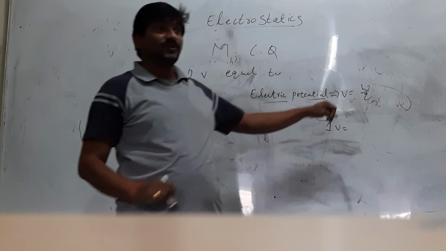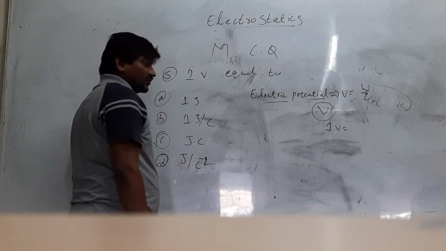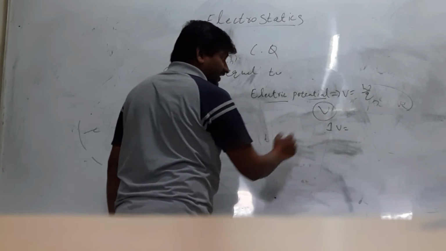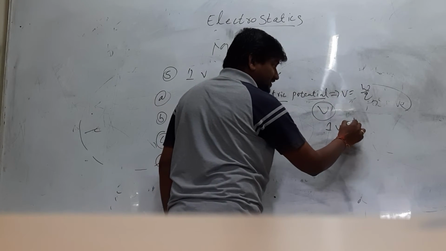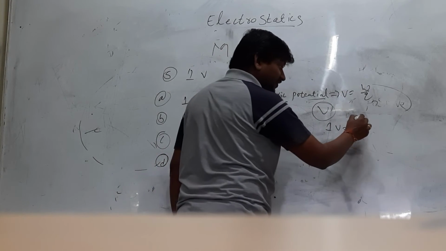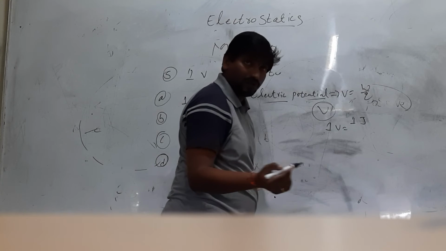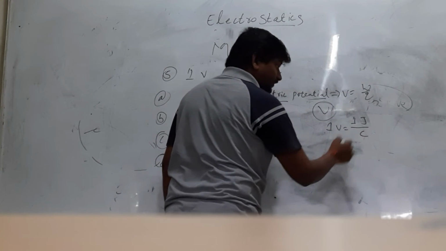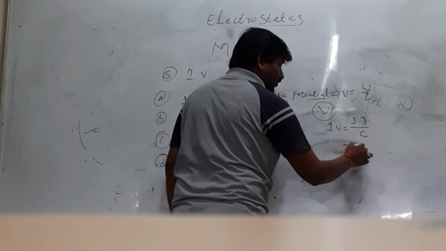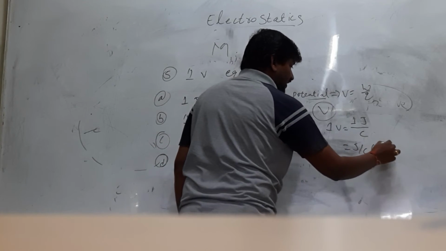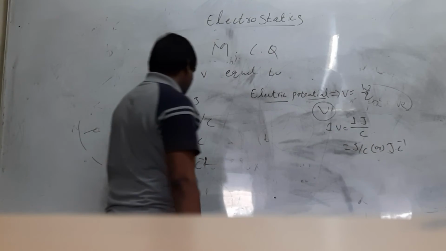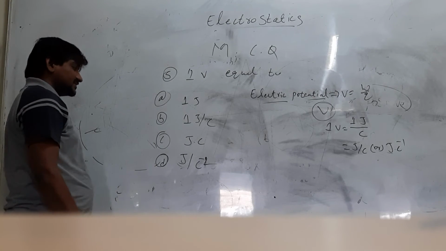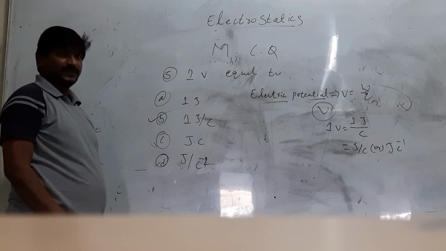That is called electric potential, and its unit is volt. 1 volt equals work divided by charge. The SI unit of work is joule and the SI unit of charge is coulomb. So it is joule per coulomb, which can also be written as joule coulomb inverse. So our answer is B, 1 joule per coulomb.